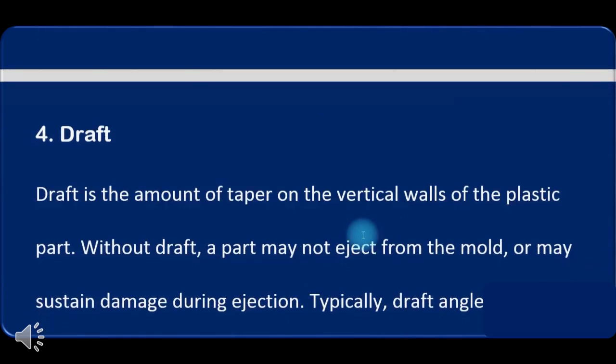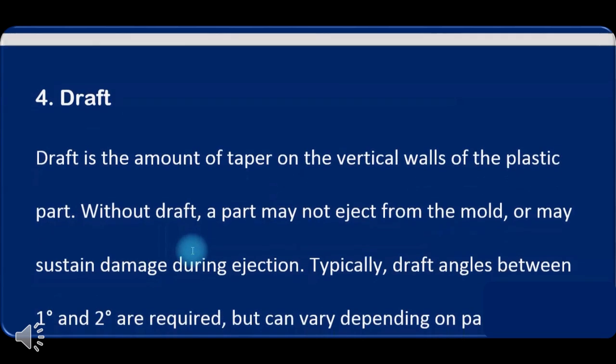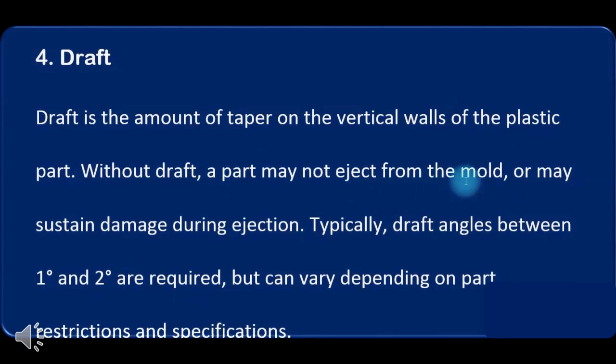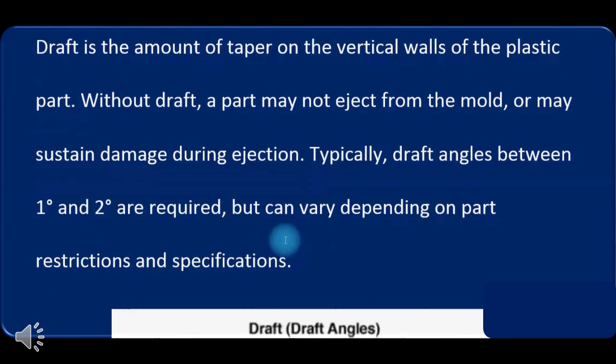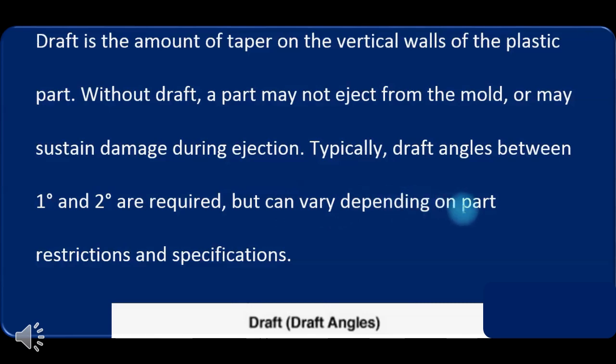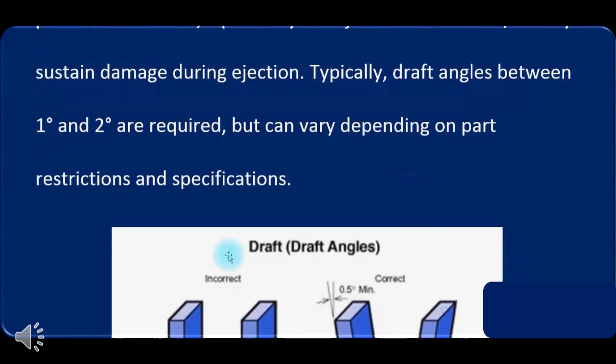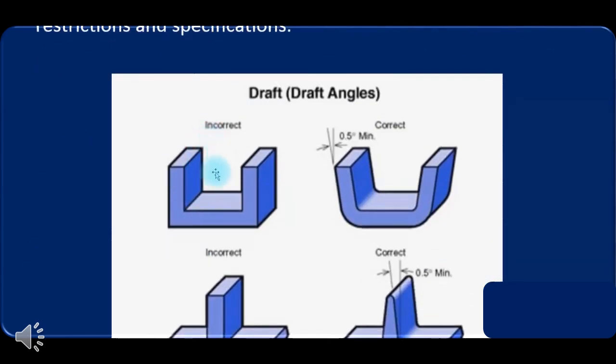Next is draft. Draft is the amount of taper on the vertical wall of the plastic part. Without draft, a part may not be ejected from the mold or may sustain damage during ejection. Typically, a draft angle between 1 degree and 2 degrees is required, but can vary depending on part restriction and specification. This is the incorrect design without draft, and this is the correct design with draft on the part.